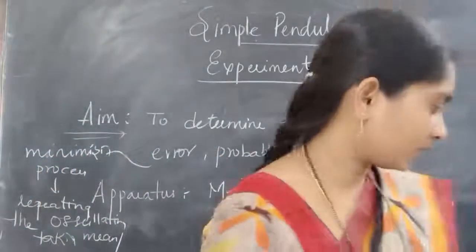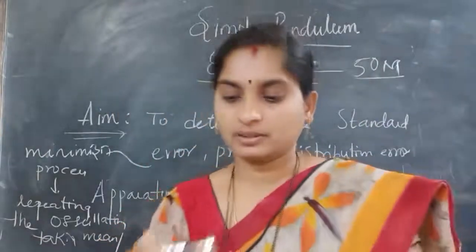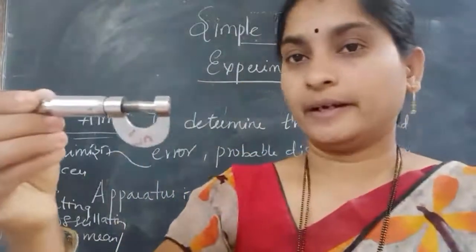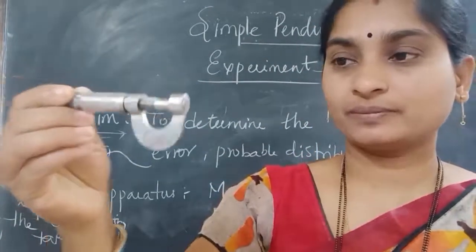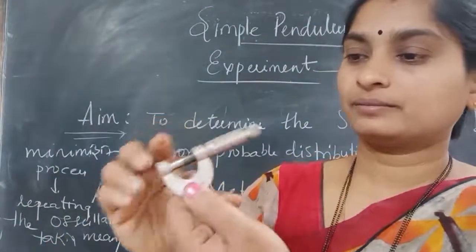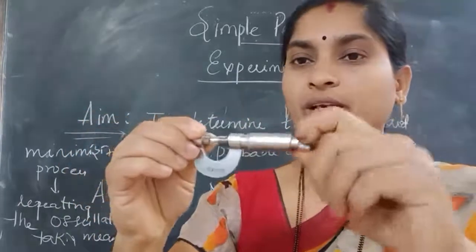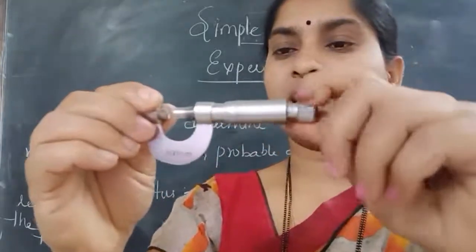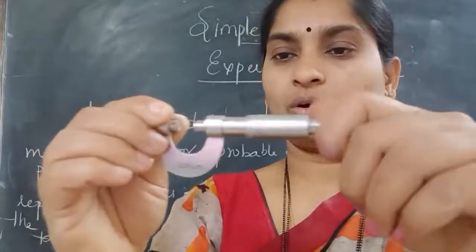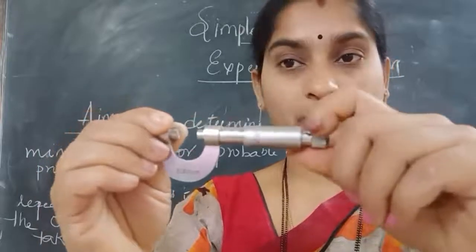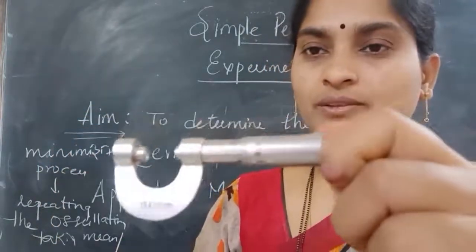The next one is the screw gauge. I think you all know very well about this screw gauge, where you can take the least values or accurate values of objects which are in spherical form, right? So this is the screw gauge.